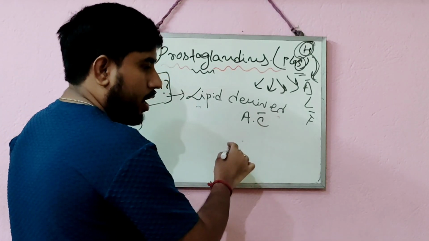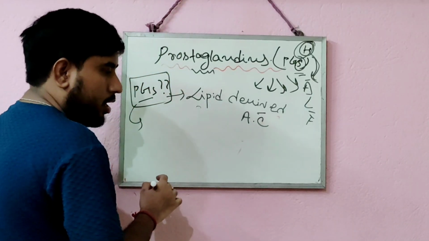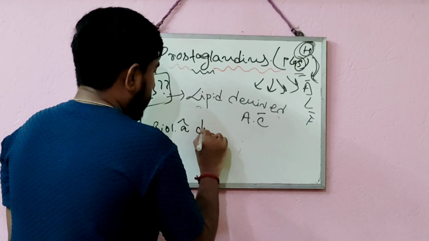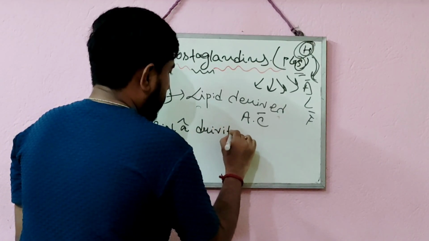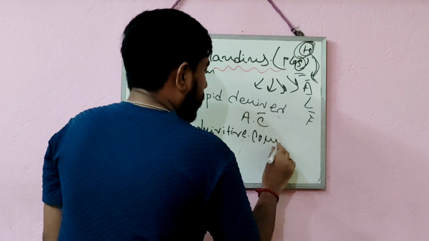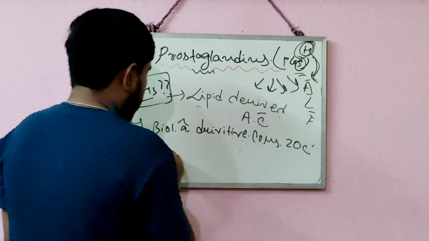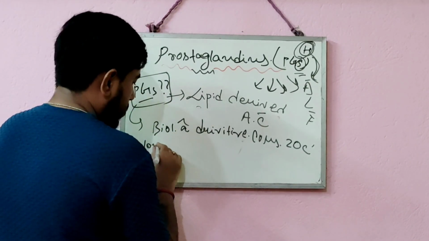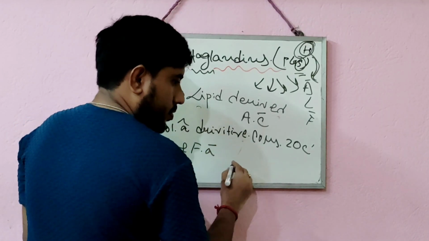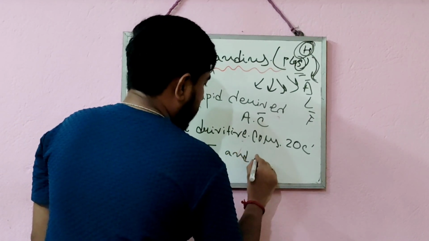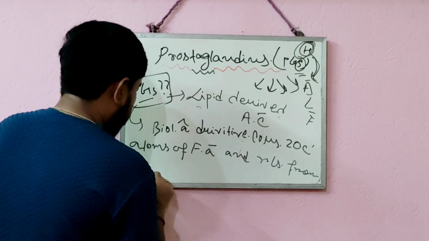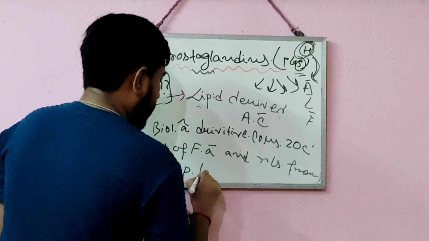Prostaglandin is a lipid derived autocoid, a biologically active derivative which consists of 20 carbon atoms of fatty acid, and it is generally released from membrane phospholipid.